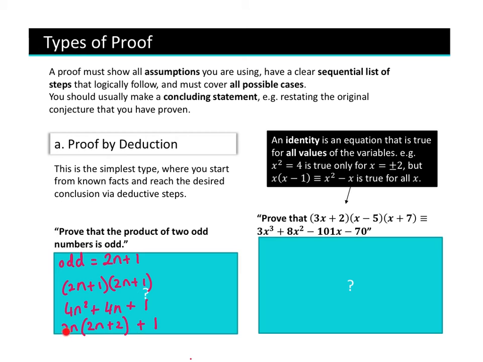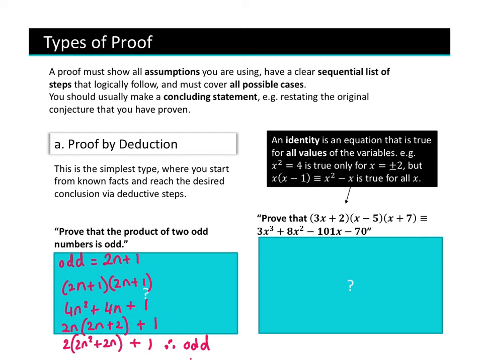This is still in the form 2n plus 1. Oh, actually, you could have left the n in here. Sorry, everyone. 2 lots of 2n squared plus 2n, plus 1. Now this is in the form 2 lots of a number plus 1, which we know is odd. Therefore, odd.